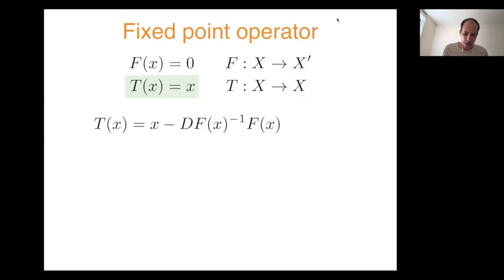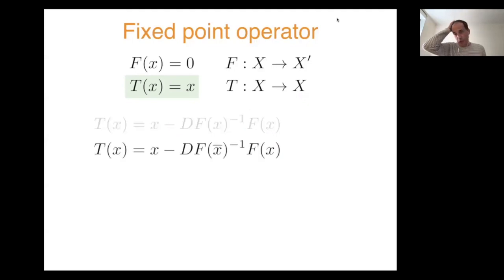And that is a good idea, except that this operator is very hard to do analysis on, because although of course it is a linear operator that acts on f, this inverse itself depends non-linearly on x. So that is making life difficult and harder than it needs to be, because since the contraction of the Newton iteration is so strong, I can give up a little bit of this contraction.